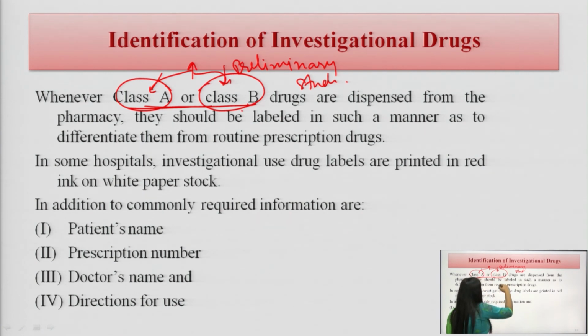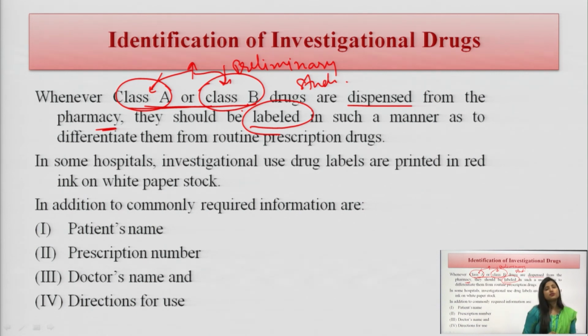These classes are identified on the basis of some points. Whenever class A or class B drugs are dispensed from the pharmacy, they should be properly labeled, because they are dispensed only on the basis of research.